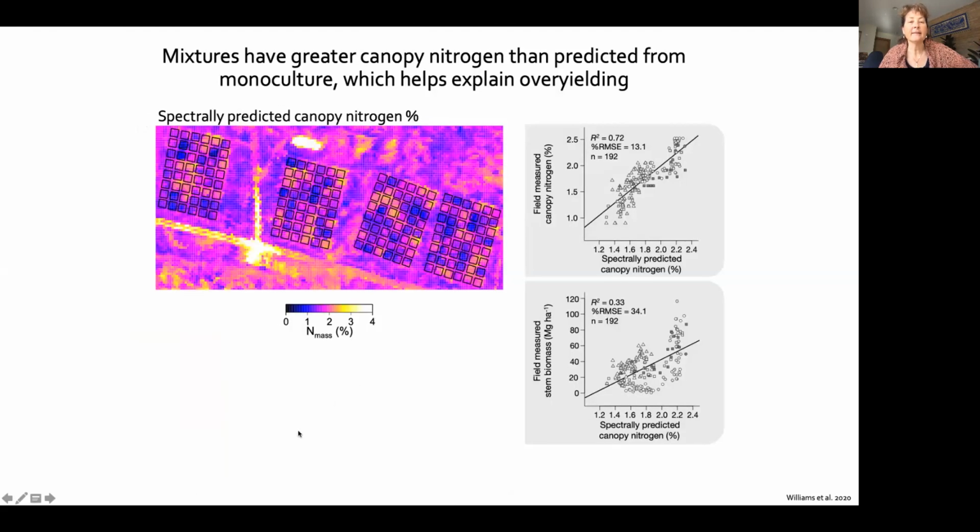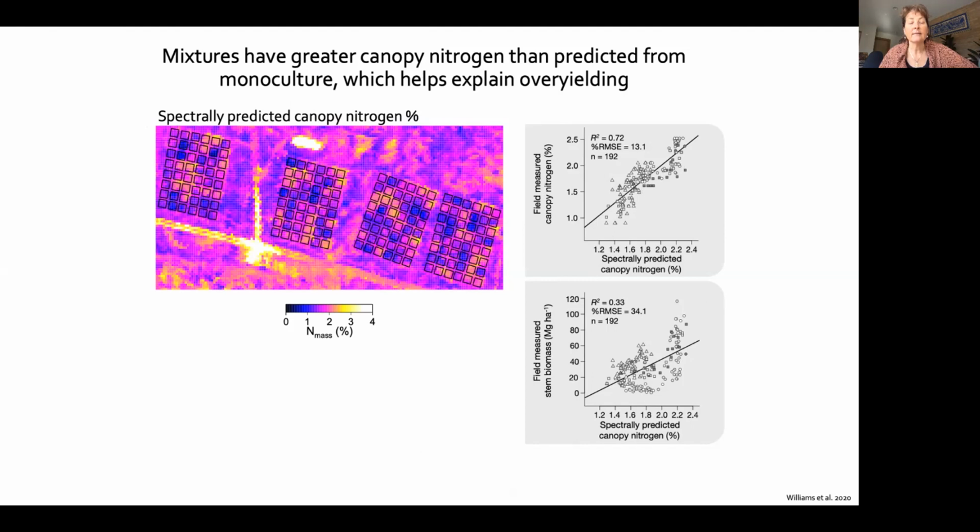Some interesting things she found relate to nitrogen. First, she was able to accurately predict canopy nitrogen in this system. So this is the spectrally predicted canopy nitrogen from her models, and it accurately predicted field measured canopy nitrogen. And then she was able to show that the mixtures had more nitrogen in them than you would expect from the monocultures.